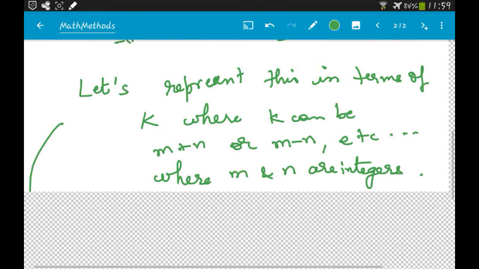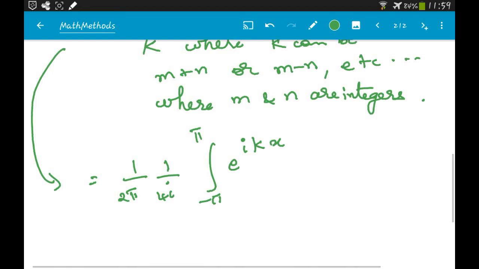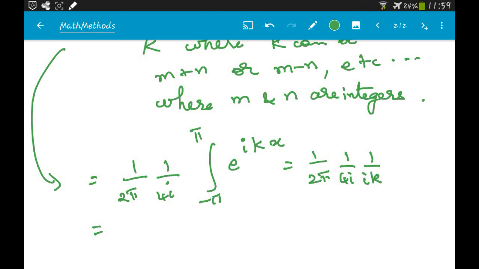Okay, so this is nothing but 1 by 2 pi, 1 by 4i, 1 by ik, e power i k x from minus pi to pi.